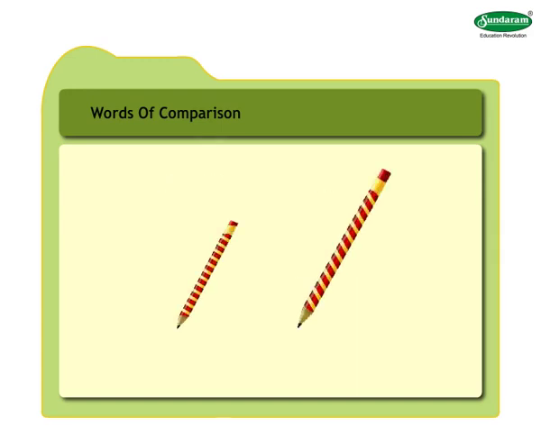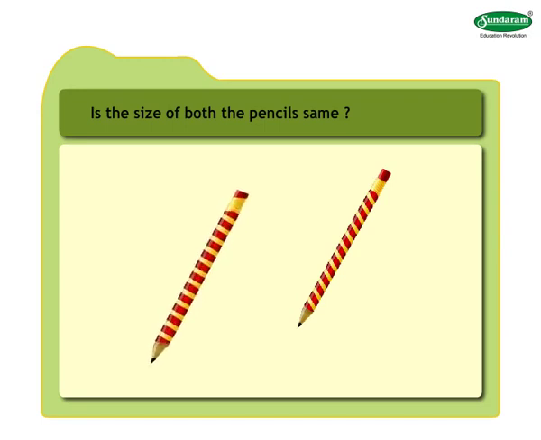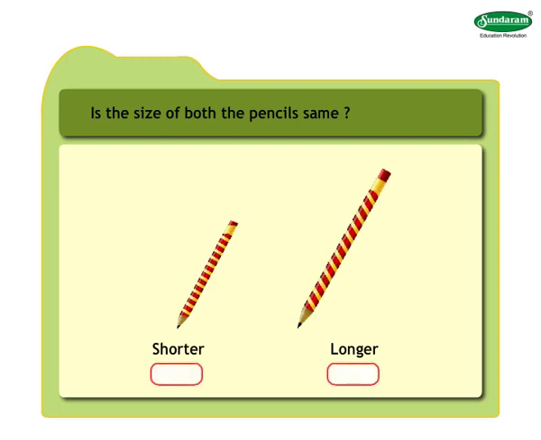Look at this picture of two pencils alongside. Is the size of both these pencils the same? No. The one shown above is a shorter pencil, and the one below is a longer pencil. Let us put one dot for shorter pencil and two dots for longer pencil.